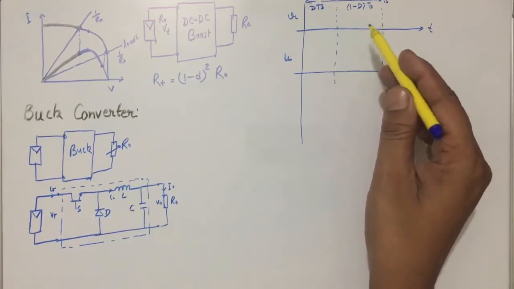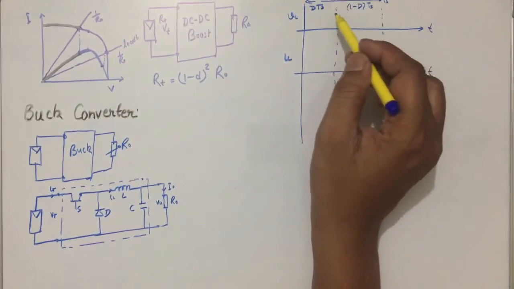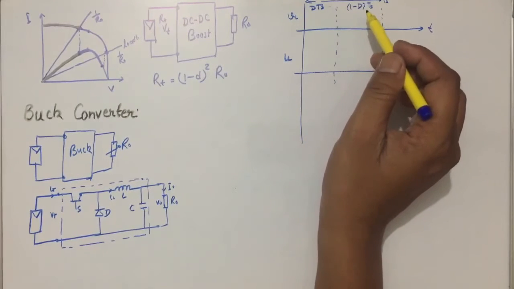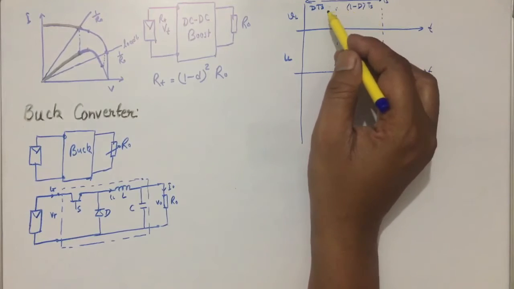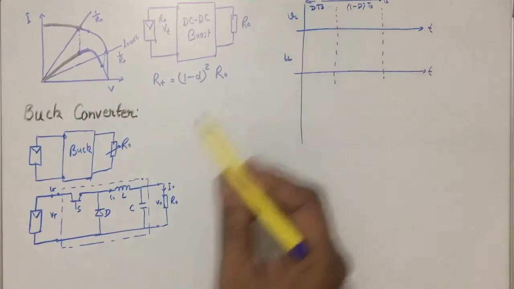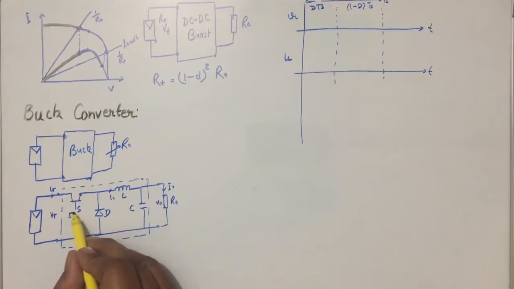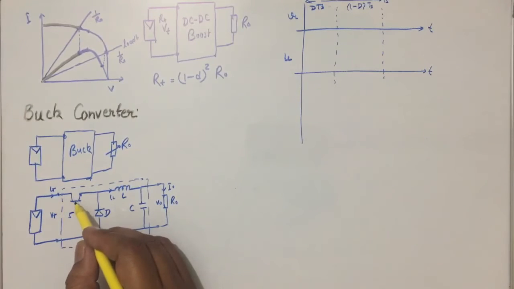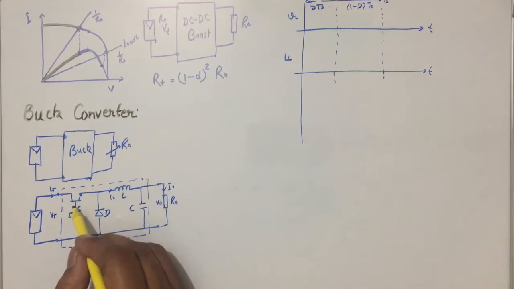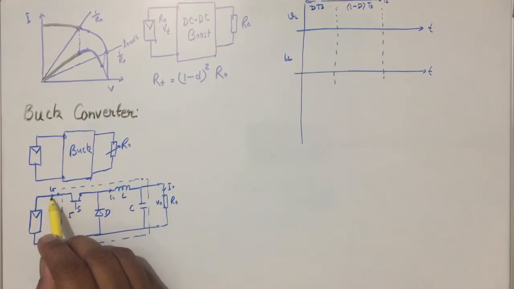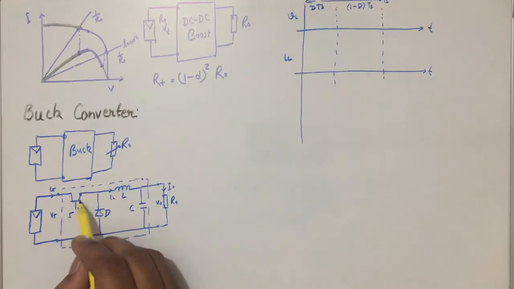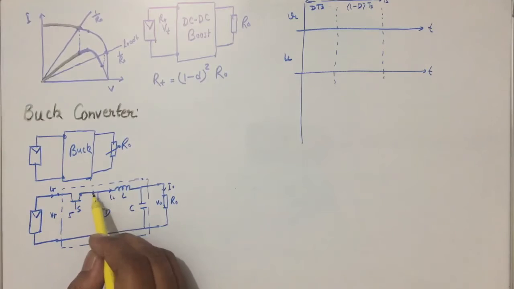So let us analyze the circuit in on condition and off condition. Start from the on condition, meaning when the triggering pulse is given to this switch and the pulse is high, it becomes on, and once it is on, the current starts flowing from the panel and follows the path.